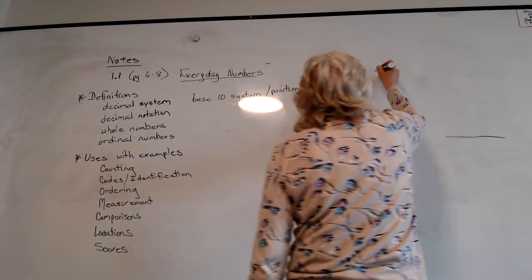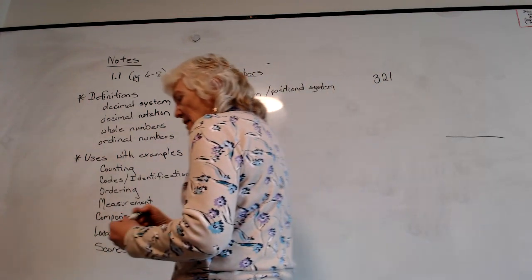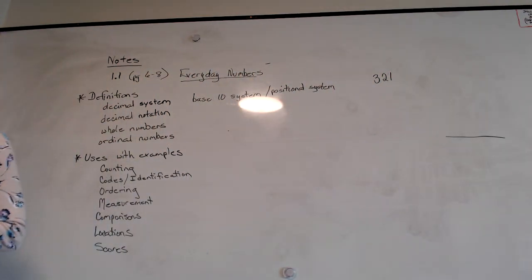Okay. So if I write this, that 3 means something specific. What does that 3 mean? Yes? 30. Not quite 30. What is it? 300. It represents the hundreds.